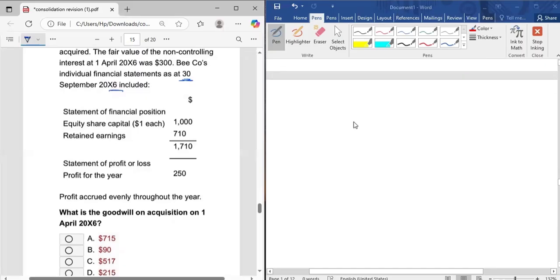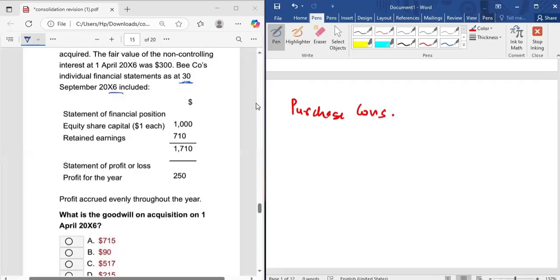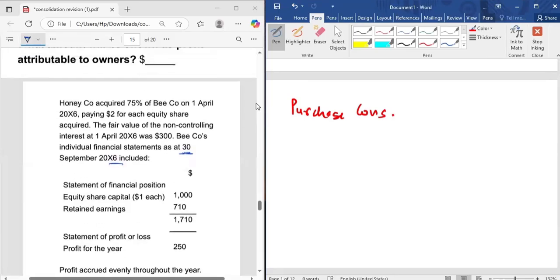So see, goodwill starts with purchase consideration. That's not a share for share exchange, but the share capital is $1 each, which comes out to be 1,000. Since each share is $1, the total shares of B company are 1,000.